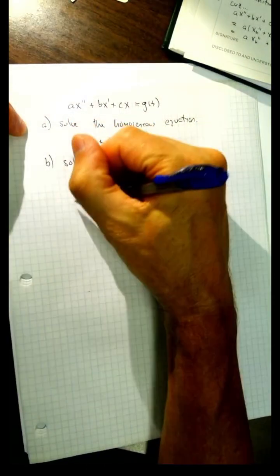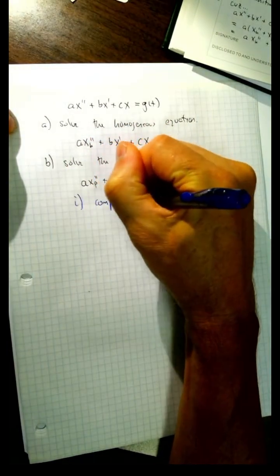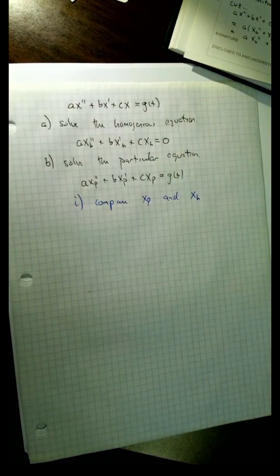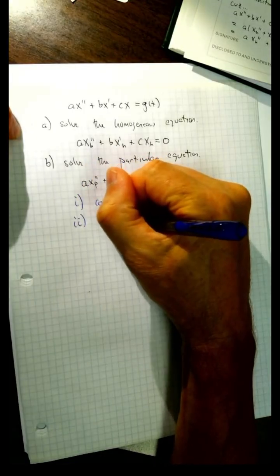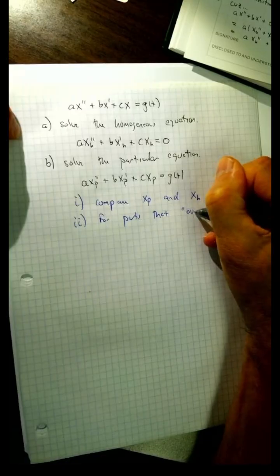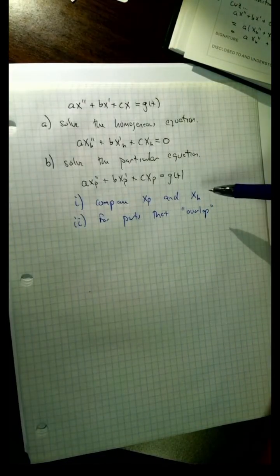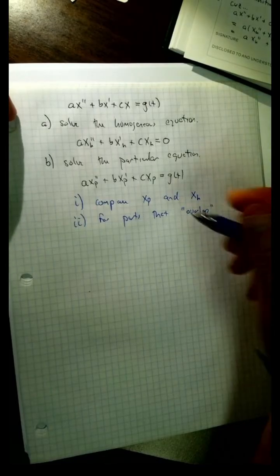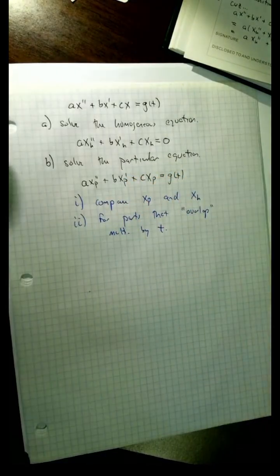Once we do this, we've got to be very careful. We have to compare xp and xh. And if we see that our guess for xp happens to overlap with our guess for xh, you multiply by t.